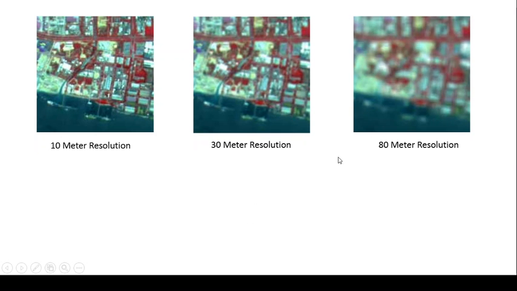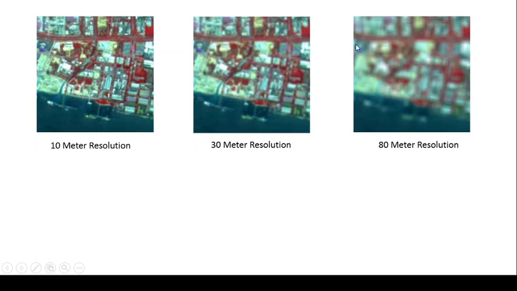So here in this image we can see that if we have an image of 10 meter resolution, we can classify it very clearly, where the residential area is, where the water body is, where the roads are. So 10 meter resolution shows clarity. If we take the same image in 30 meter resolution, we can see that there is a specific blur.